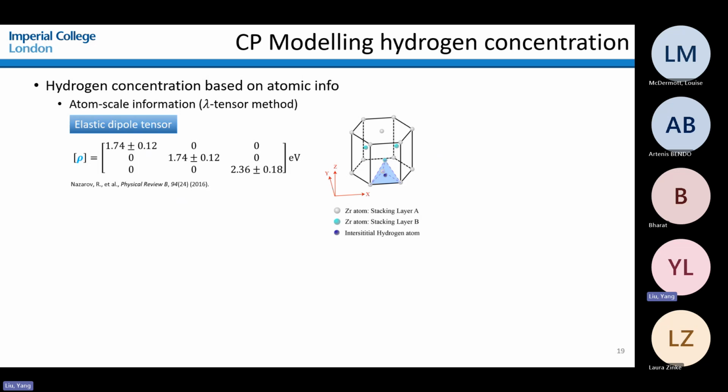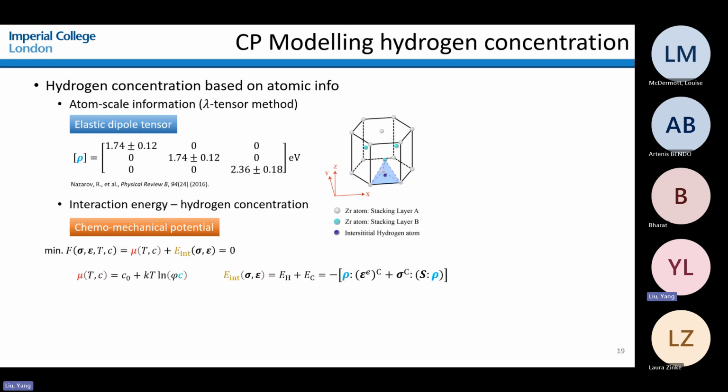This tetrahedral site of the material is pinned by the interactions between the hydrogen atoms and the lattice, which allows us to quantify the interaction energy and also the chemical potentials.